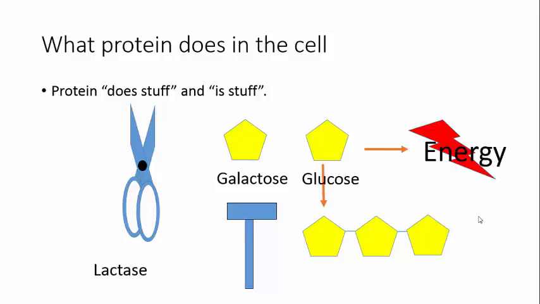That is a protein that is stuff. It's a structural protein. It is a part of the cell. And enzymes are used to build that as well. And the information to make these enzymes and to make the parts of structural proteins within the cell all come from genes, which are composed of DNA.